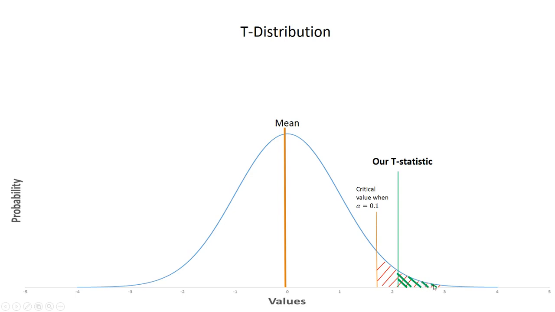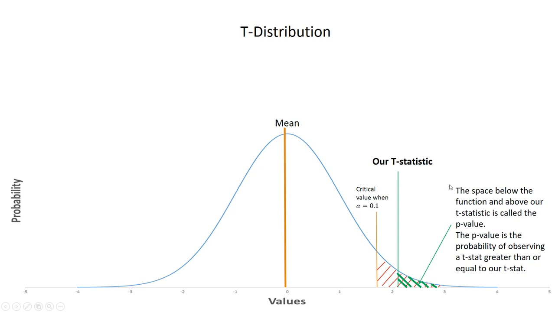The space below the function and above, or to the right of, our t-statistic is called the p-value. The p-value is the probability of observing a t-stat greater than or equal to our t-stat. All right.